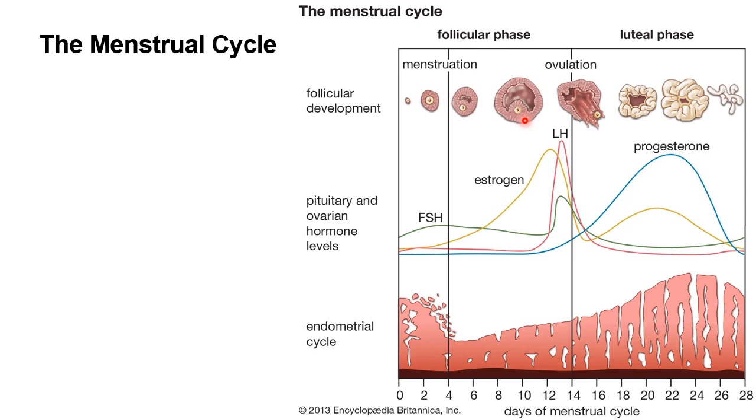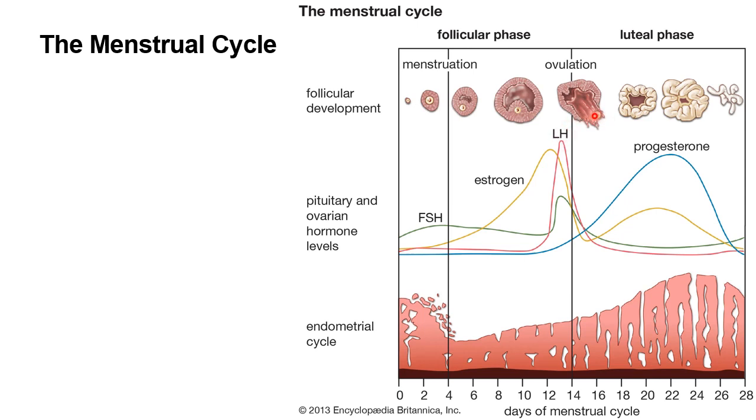And as the estrogen level goes up, what happens? The anterior pituitary gland responds to high levels of estrogen by releasing luteinizing hormone. As the luteinizing hormone is released, the egg cell ovulates. Okay? Because of the action of luteinizing hormone.